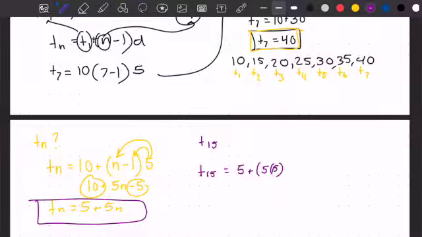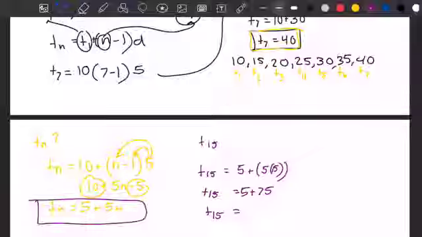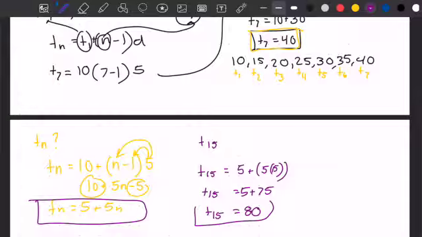What is 5 times 15? Yep, so 5 plus 75 equals my 15th term. My 15th term equals 80. So that's how you do this.